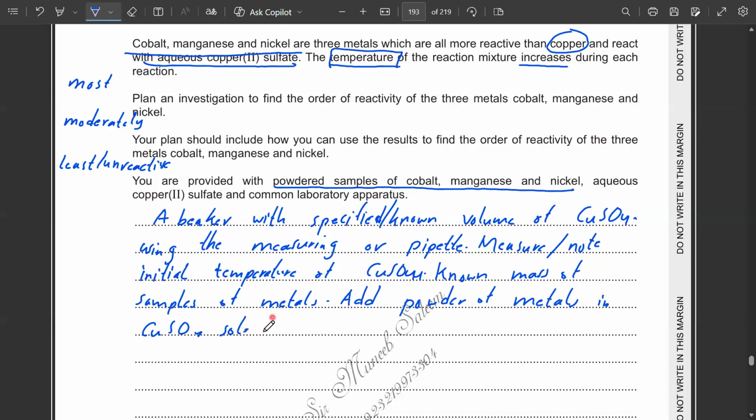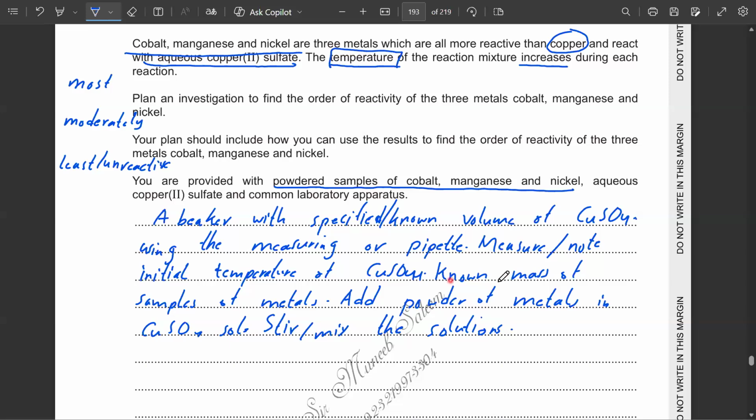For the reaction, you need to stir or mix the solution so that the metals properly react with the copper sulfate solution. After that, you will note the increase in temperature.